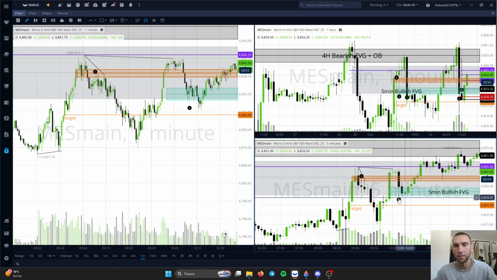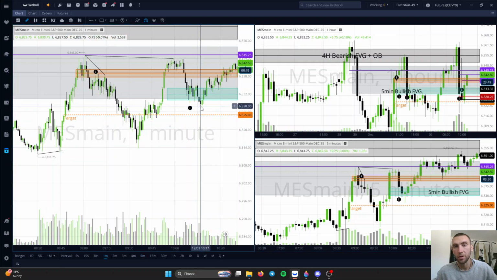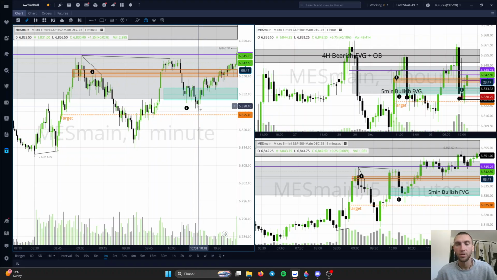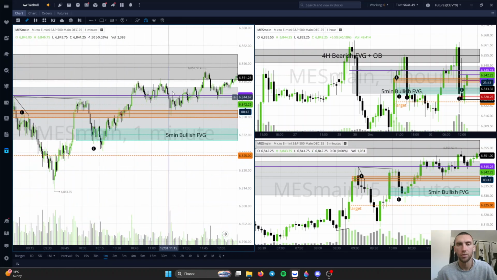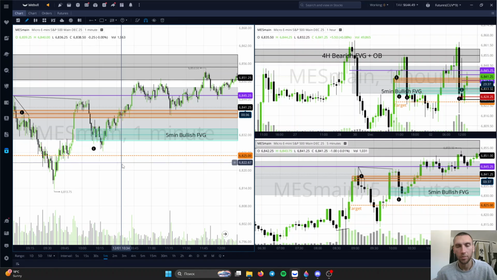We tagged into imbalance. It's a beautiful long entry, but I got stopped out just right in here. So it was pretty bad stop loss management. It ended up being a pretty decent move up, but again, it is what it is. I got stopped out here, and I was break even in the day, just a couple bucks profit.